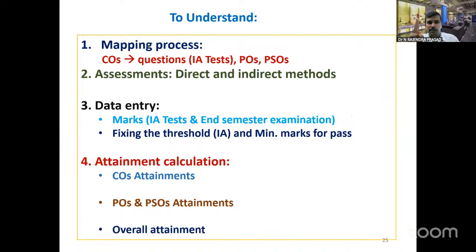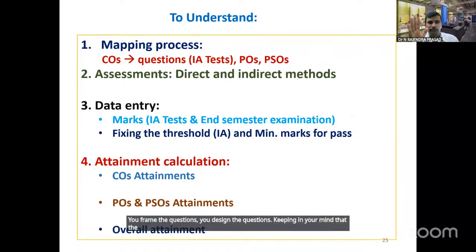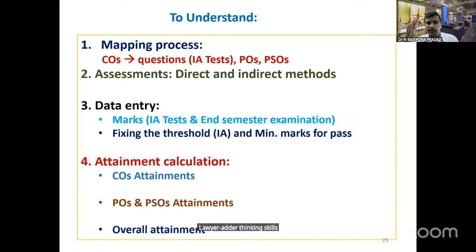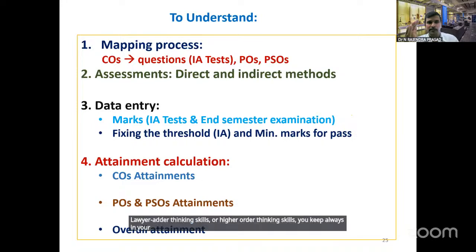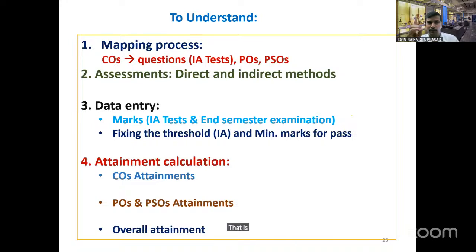You frame the questions, you design the questions, keeping in your mind the taxonomy level, whether you are setting a question of lower order thinking skills or higher order thinking skills. That is the taxonomy level. So question to taxonomy level is one step of mapping.